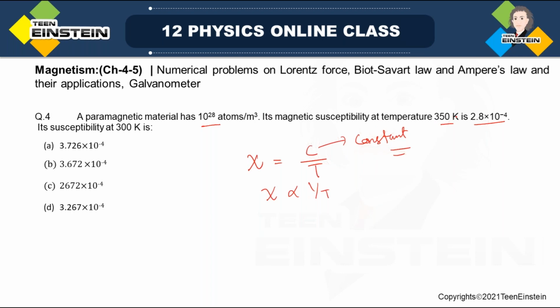then we will be able to easily find out this value. Otherwise directly what we can write is chi 2 by chi 1. You just take the ratio. Chi 2 is 1 by T2 and chi 1 is 1 by T1, so it will go up. So T1 by T2, that means 300 divided by 350.